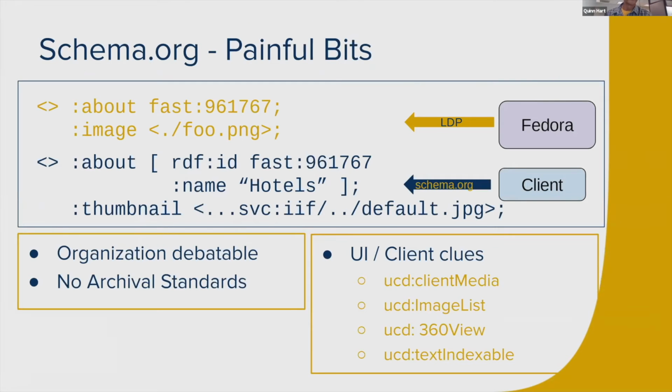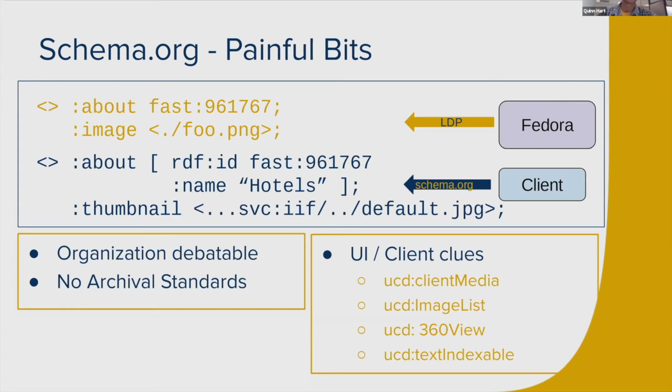There are some painful bits about using schema.org. Primarily, the reason that we can't use the direct LDP for that is that we have to add additional clues in for our users. Typically, we need to label things that are unique links within the Fedora items.